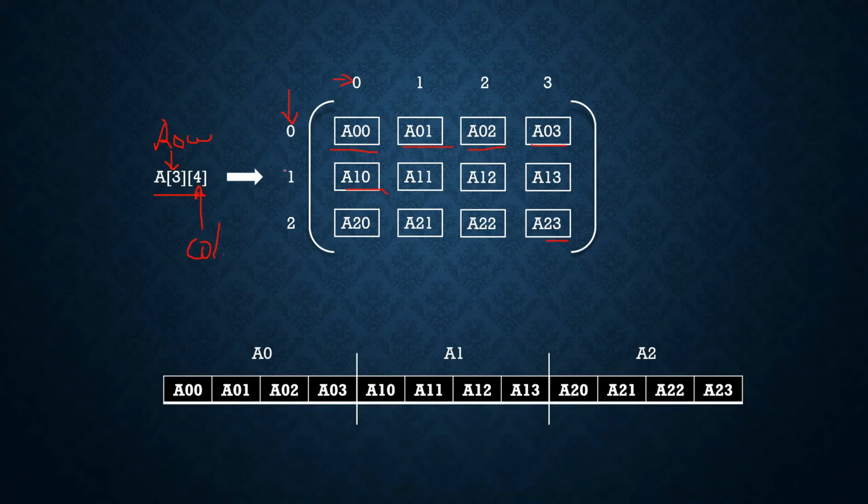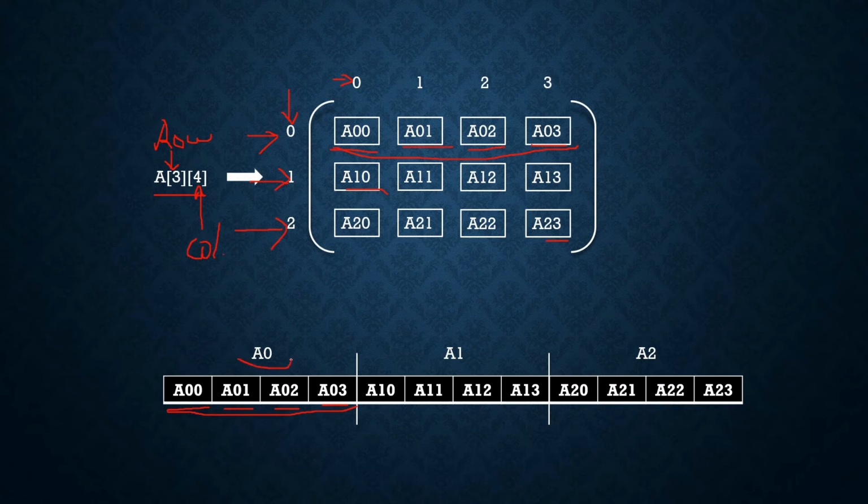We are arranging it in row-major form. First row, then second row, then third row. So for the first row, A00, A01, A02, A03, all four elements are placed in one block.